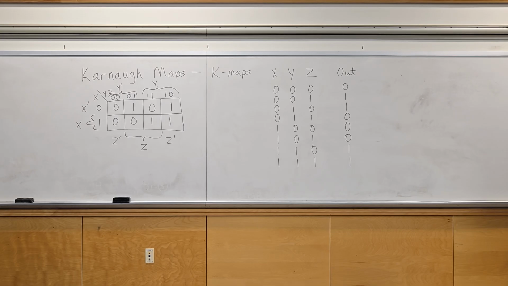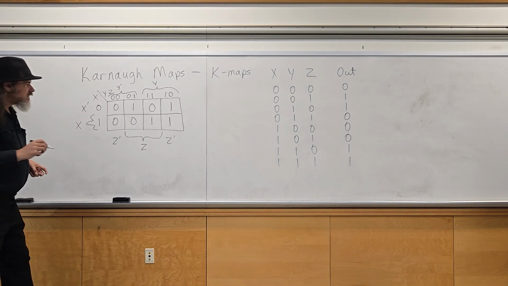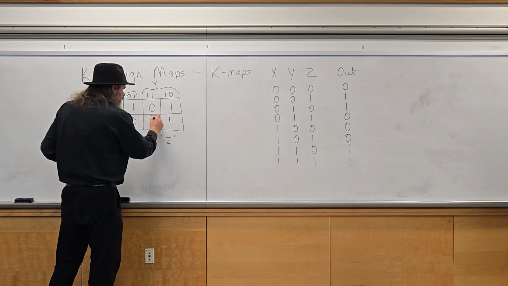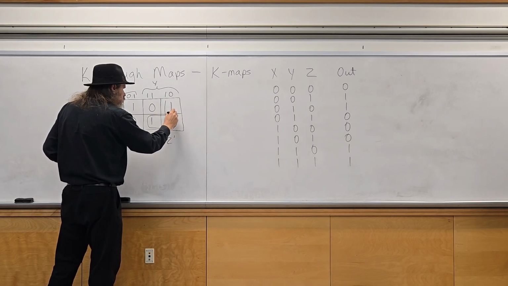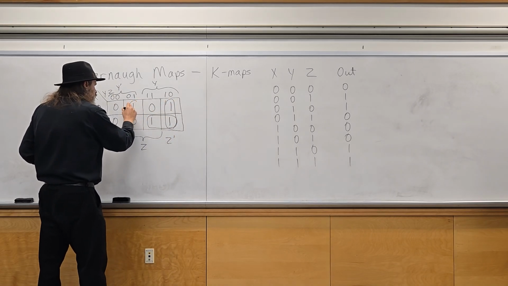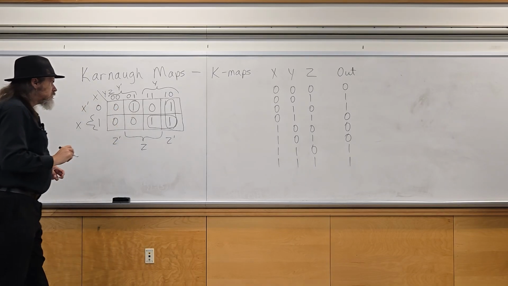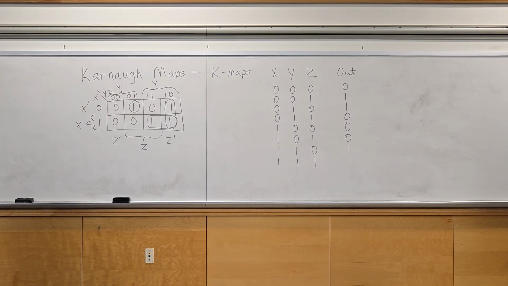Now the same approach from the 2x2 K-map is used here. You group groups of 2 together. And then you have the group of 1 in this particular instance.